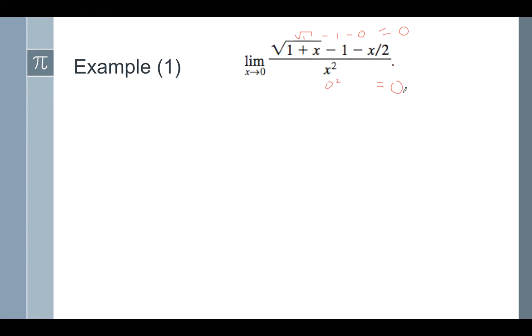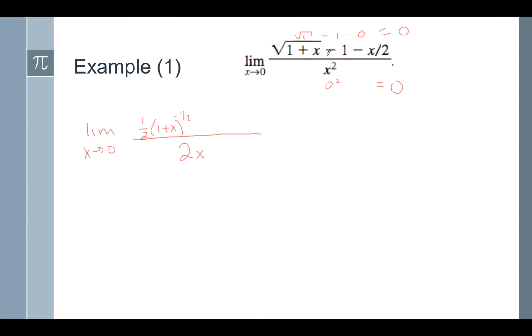Well, when it becomes 0 over 0, that means I can take the limit as x approaches 0 of the derivatives of top and bottom. The derivative of the bottom is pretty easy. The derivative of the top: that square root gives 1/2 times 1 plus x to the negative 1/2.